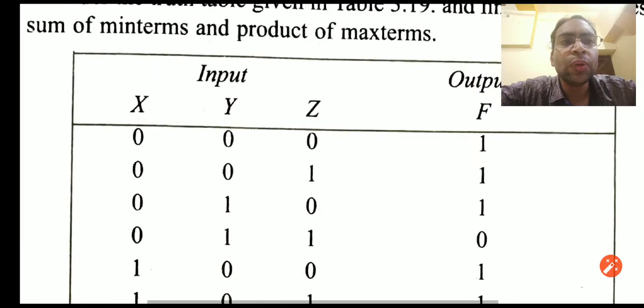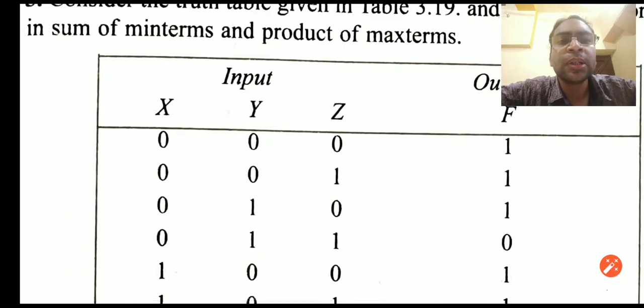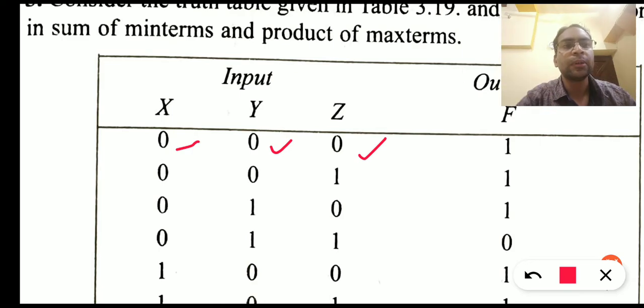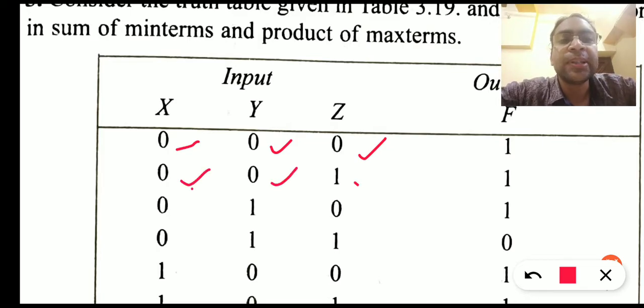From the first row, we can see this is x bar, obviously 0 is indicated for the false, that is the complement, y bar and z bar. So we have got the first product as x bar, y bar, z bar. Next we will get x bar, y bar, z.